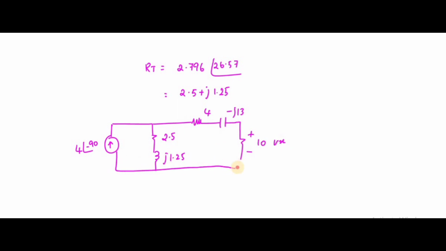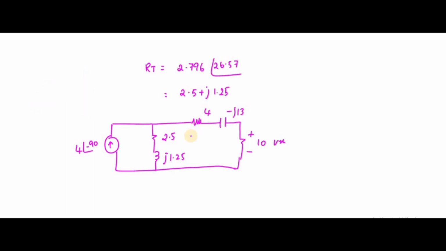After that, you can see this current source is in parallel with this impedance, so I can convert it using source transformation into a voltage source. Since the current is in the upward direction, this must be plus and minus.